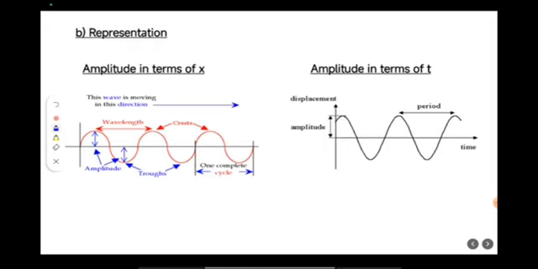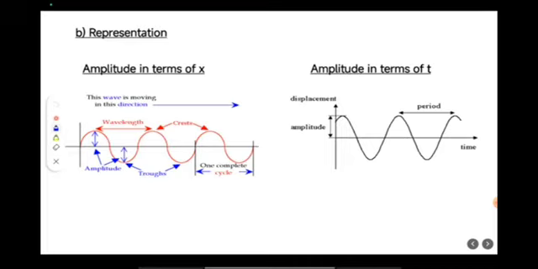Now, let's say that we have a representation for a wave and we need to find graphically the value of the wavelength and the period. To find the values graphically, we first of all must look at the x-axis. The x-axis must be one of two options.